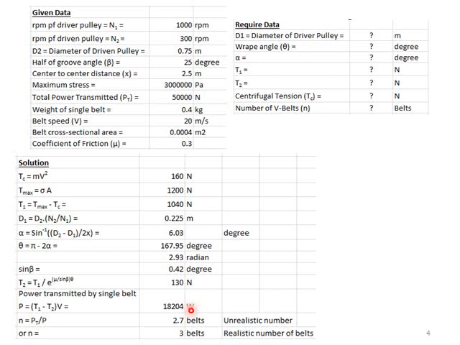So to find how many belts are required to transmit 50 kilowatts from the driver motor to the driven pump, what we can do is just divide this total transmitted power by the power transmitted by a single belt.